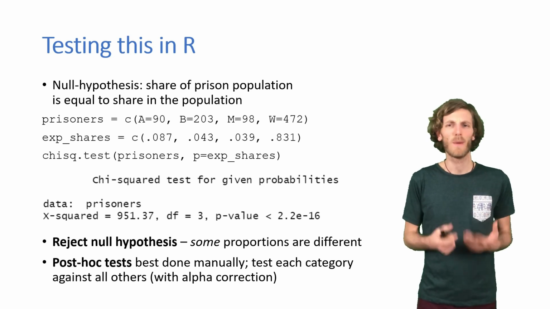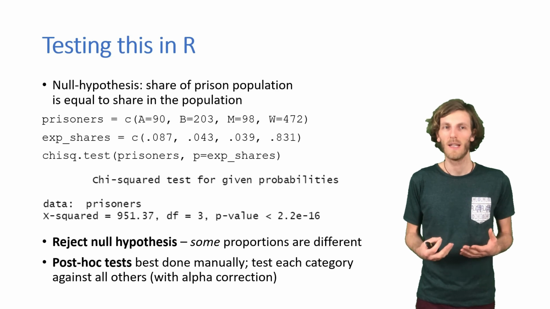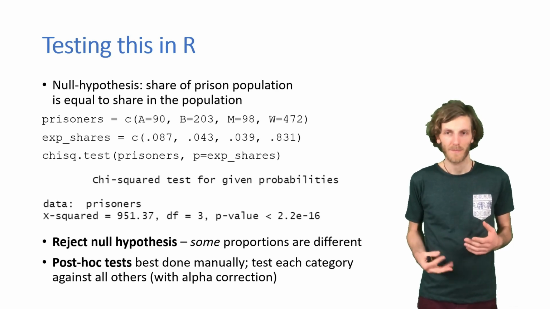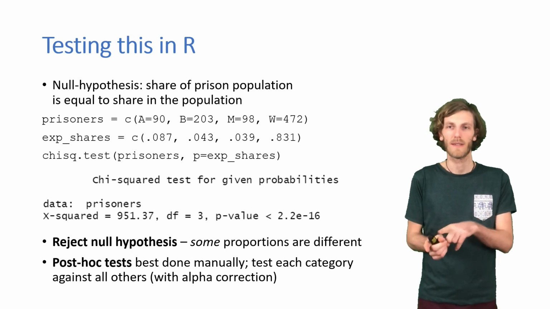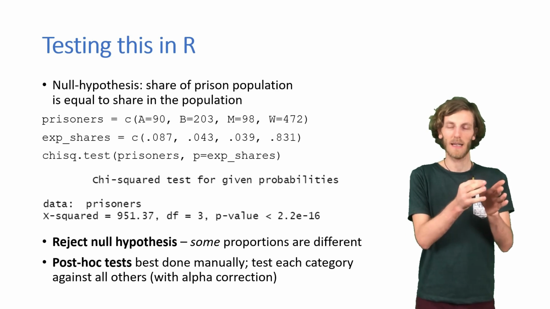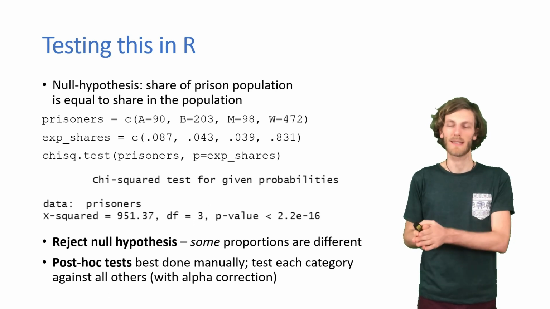And in this case, there's no obvious way to do it with an integrated function. So it would probably have to be done manually by just testing any specific category versus everyone else.